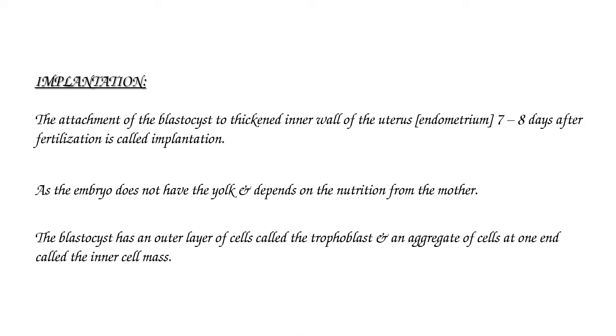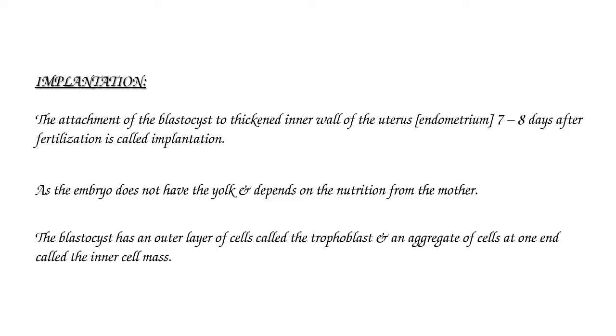Implantation: the attachment of the blastocyst to the thickened inner wall of the uterus, called the endometrium, 7 to 8 days after fertilization is called implantation. As the embryo does not have yolk or reserve food, the embryo depends on nutrition from the mother.